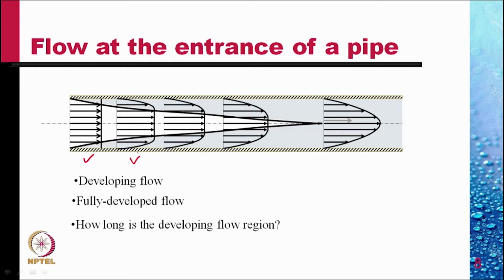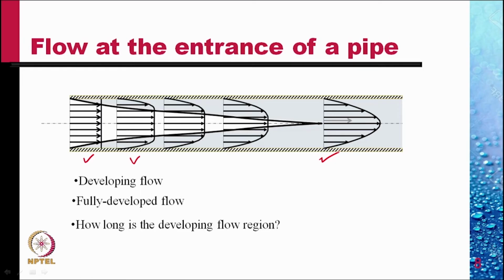As the flow proceeds down the tube, more and more of the flow area is affected by the viscosity till at this location all of the area is now affected by viscosity.